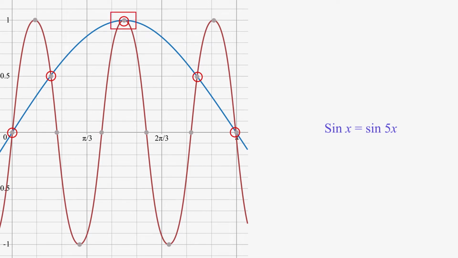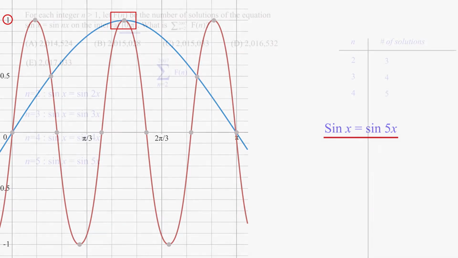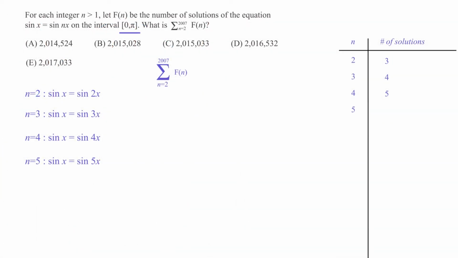Whenever both the sine of x and the sine of nx have a value equal to 1, it's going to be common in the very middle, and therefore there will be a symmetric number of points on either side. So for n equals 5, this was only 5.